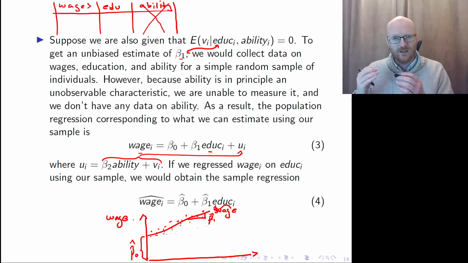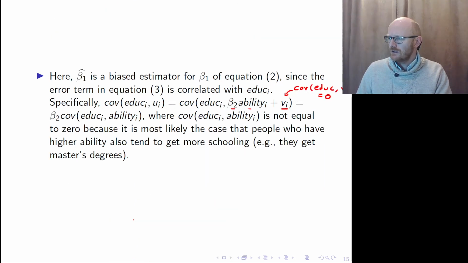Okay, so you have to think about what you would expect of the correlation between the x variables, and what you would expect from the effect of the omitted x variable. What kind of slope would it have on the y variable? Would it be a positive effect or a negative effect?